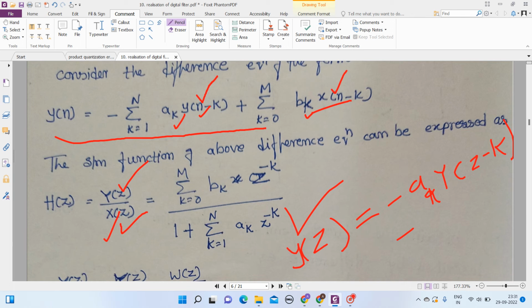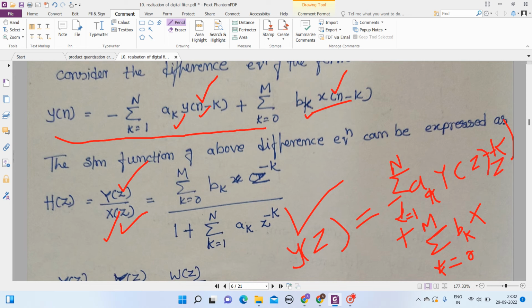Plus summation k is equal to 1 to n, plus summation k is equal to 0 to m, b subscript k x of, this is y of z, z to the power of minus k.